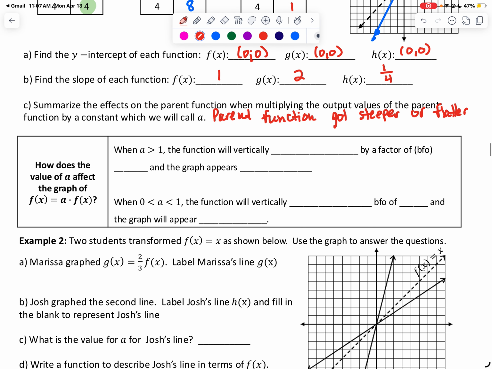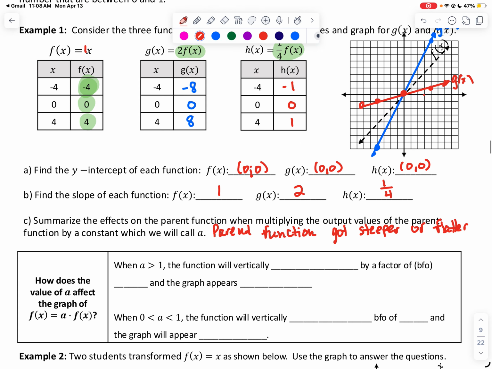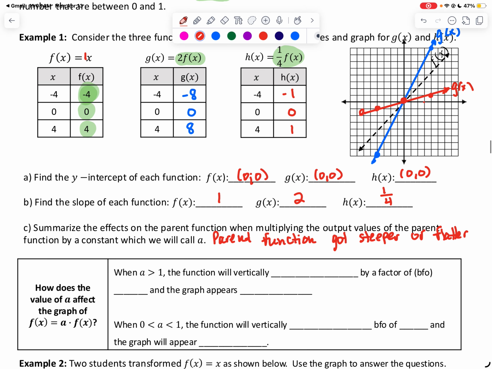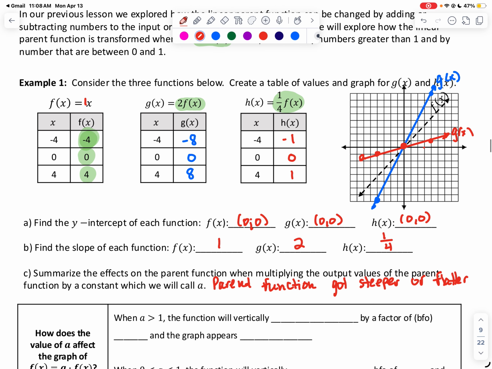So in this box, it says, how does the value of a affect the graph of f of x equals a times f of x? Well, when a is bigger than 1, for instance, up here when a was 2, notice that's the blue line. Notice that all the y values got stretched. We went from -4 to -8. We went from 4 to 8.